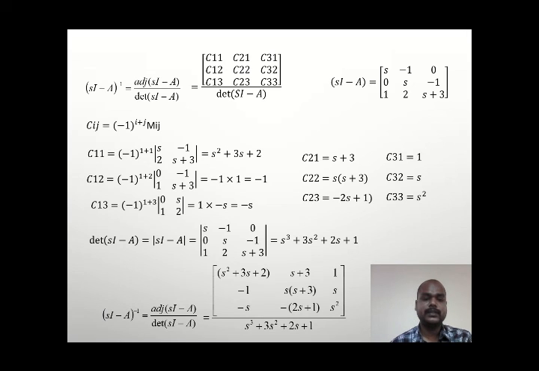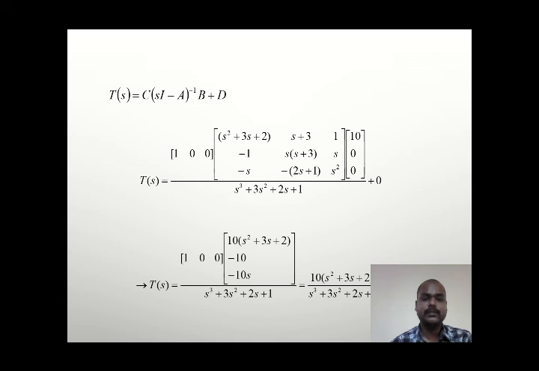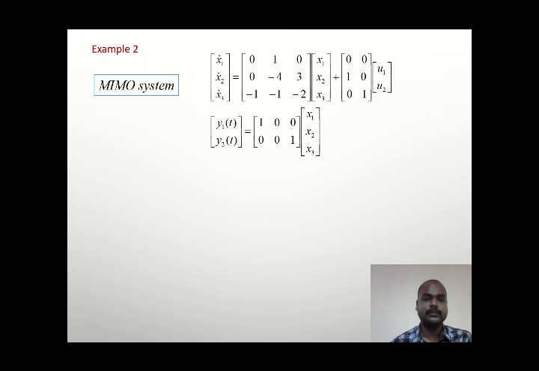Then we have (sI minus A) inverse in this form, which is the adjoint matrix divided by the determinant, and the transfer function T(s) can be obtained as C, which is 1 0 0, multiplied by this (sI minus A) inverse, multiplied by B, divided by the determinant of sI minus A, plus D. So finally, after multiplication, we obtain the transfer function as 10 times s square plus 3s plus 2, divided by s cube plus 3s square plus 2s plus 1.